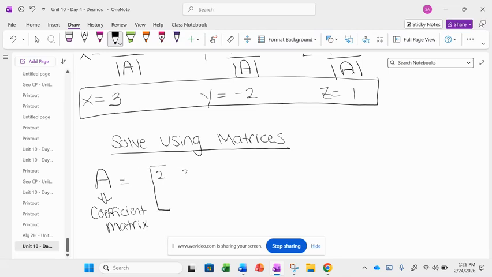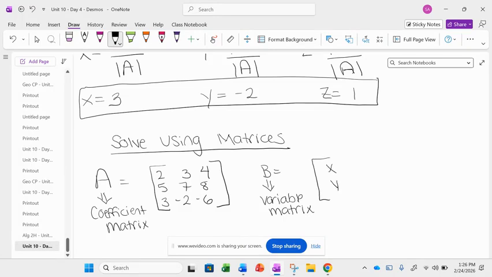This was 2, 3, 4, 5, 7, 8, 3, -2, -6. B is going to be our variable matrix. And C is going to be our constant matrix.